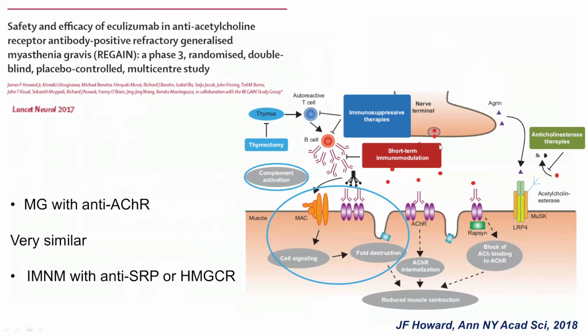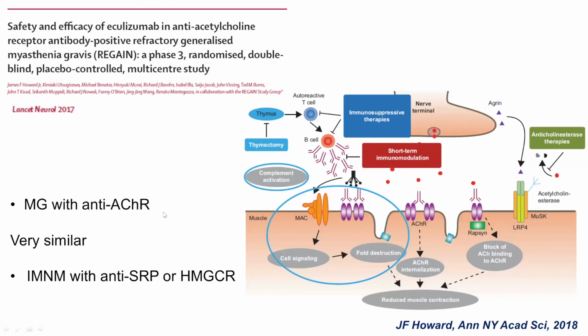So that makes, at the end of the day, a situation in immune-mediated necrotizing myopathies with anti-SRP or anti-HMGCR very similar to what we can observe in myasthenia gravis, where I remind you that you can have autoantibodies which recognize the end plates, activate the complement system, and now an anti-complement strategy with eculizumab can clearly ameliorate the clinical state of the myasthenic patients.